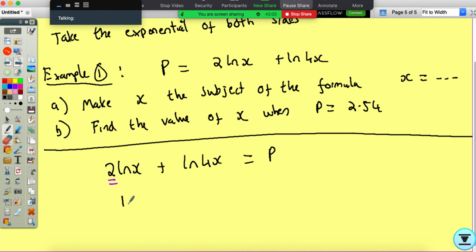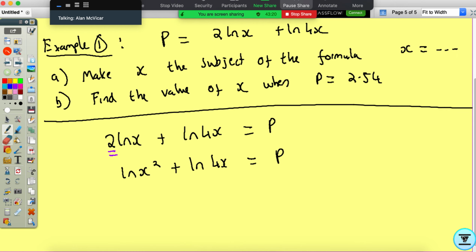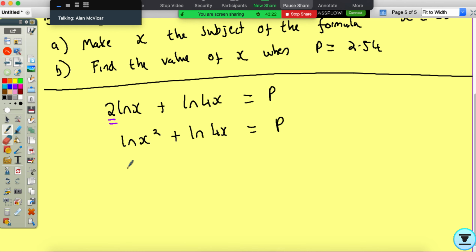So ln x squared plus ln 4x equals p. And now I can combine those log terms together because there's no numbers in front of them. So that's ln of x squared times 4x, which is 4x cubed, equals p.